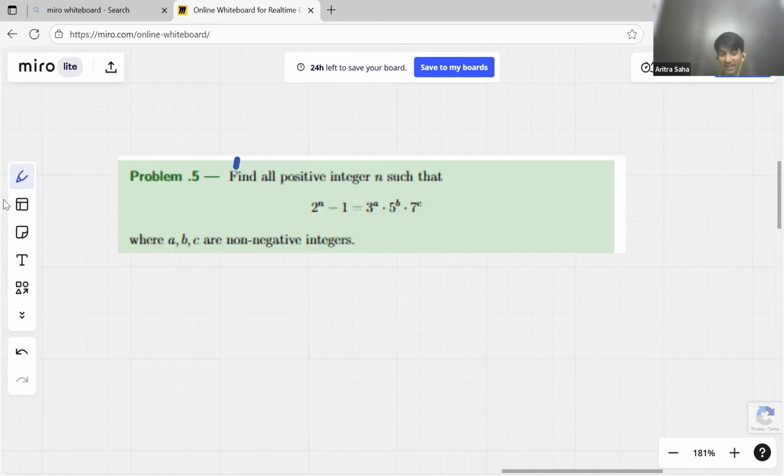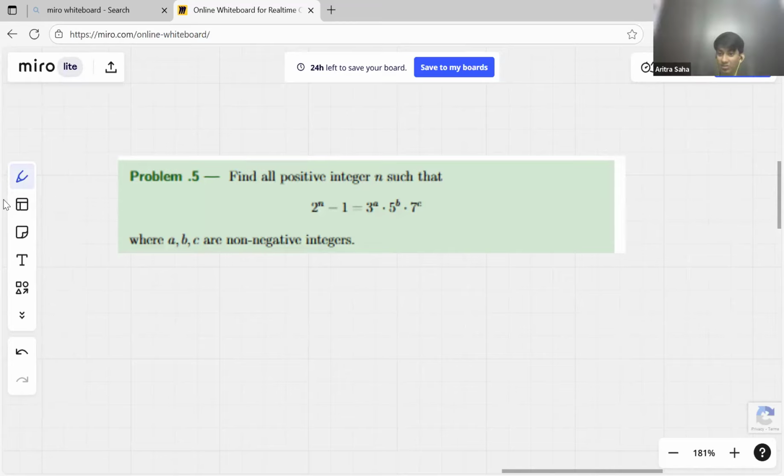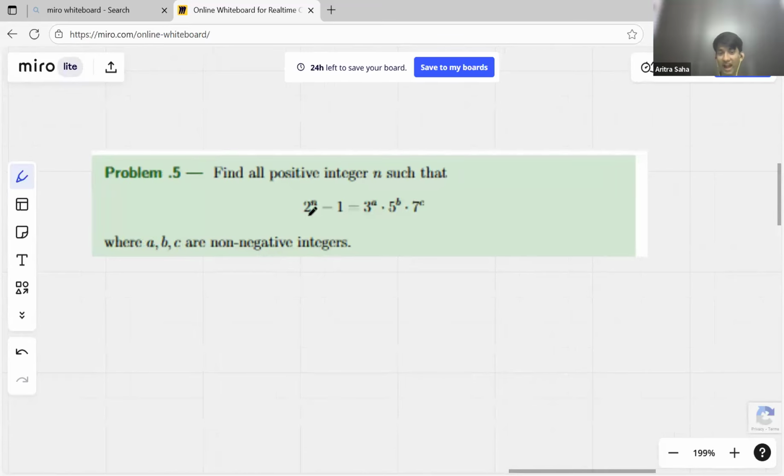I see the idea. He's taking VP of 2 to the power n minus 1 and seeing the number of primes dividing it. And it's roughly log n, if you are saying correctly, right?